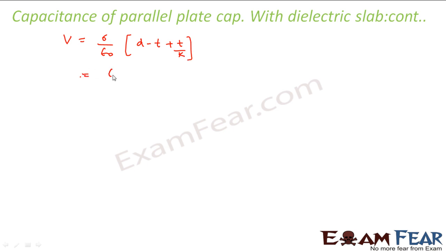Sigma is nothing but charge per unit area, the charge Q on the plate divided by the area A of each plate. So V is Q by A epsilon naught into D minus T plus T by K.